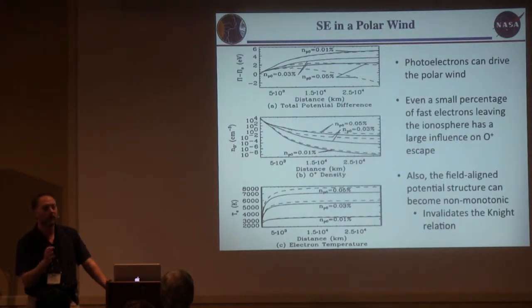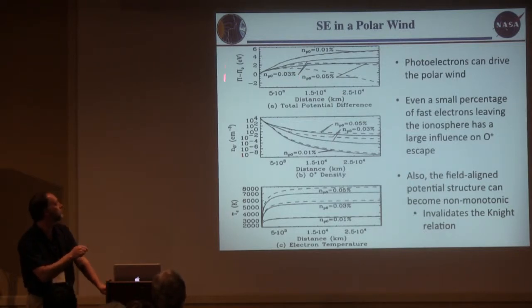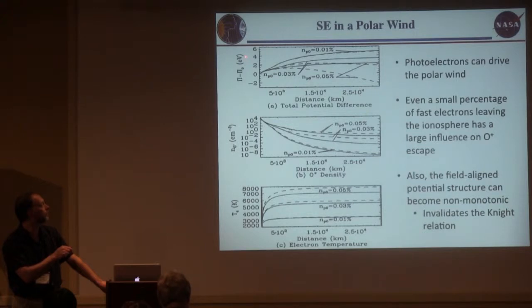And finally, he did calculations in the polar wind region, adding some small percentage of photoelectrons on top of thermal electrons in an escaping polar wind flow. And if you just change that percentage, you can get rather different results. So, what are we looking at? This is electric potential along the field line, density of the O+, starting at some value and then watching it go with altitude as you go out, and temperature of the electrons.